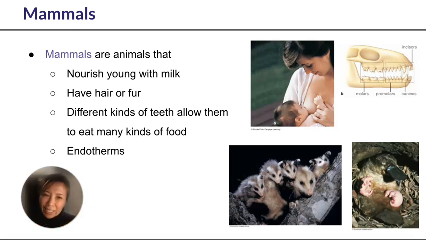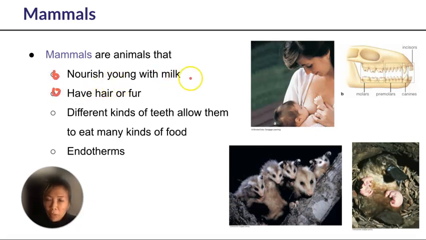They'll have like that canine teeth versus us. And then unlike reptiles who are ectothermic, mammals are endothermic. So that means that they can regulate their body temperature and it doesn't have to match the outside. So these two characteristics are the big ones that we tend to think of when we think of mammals, right?